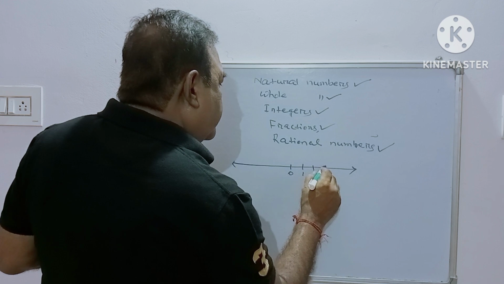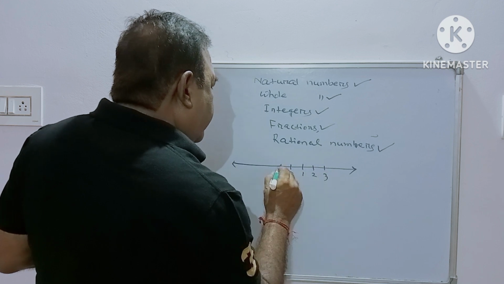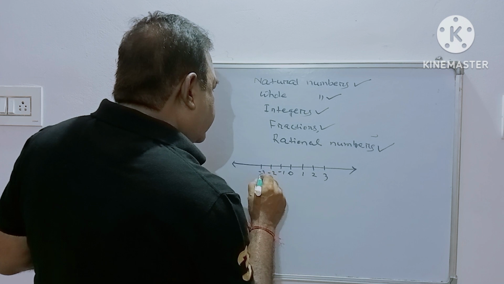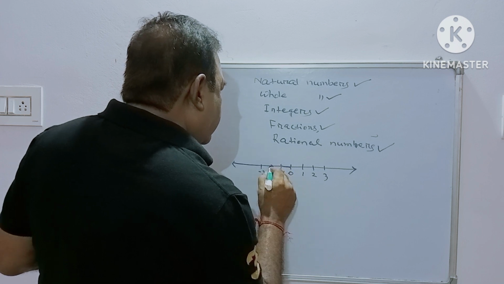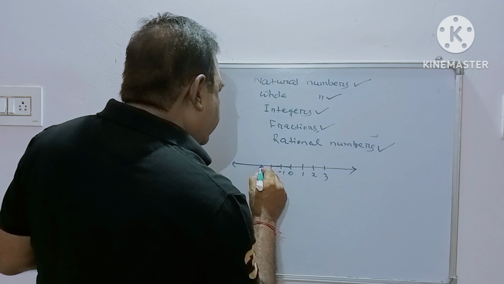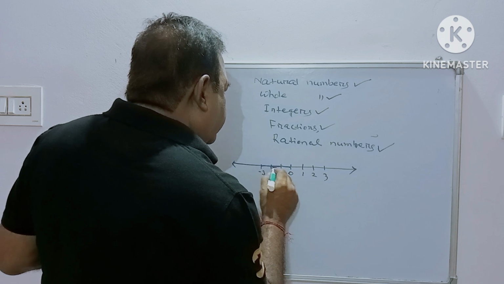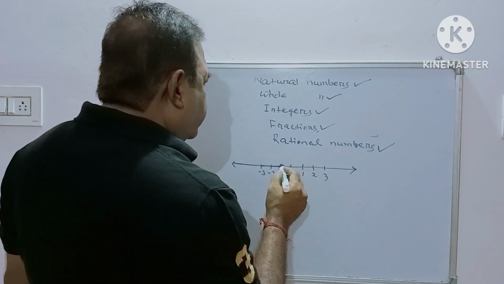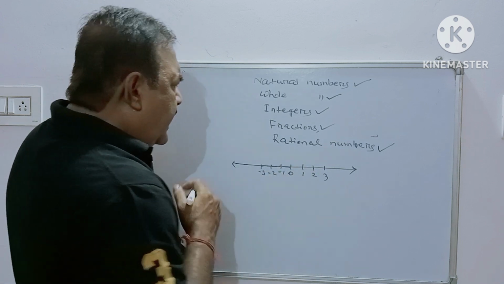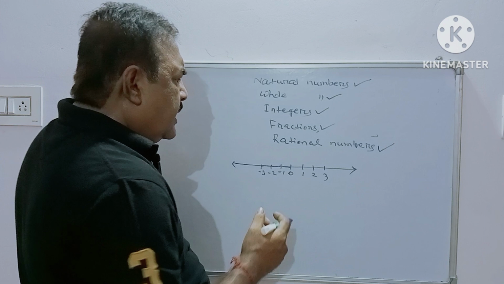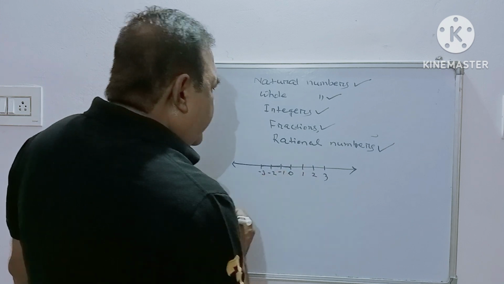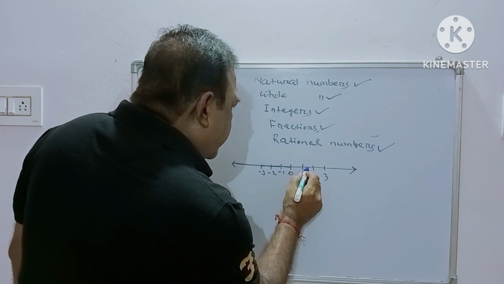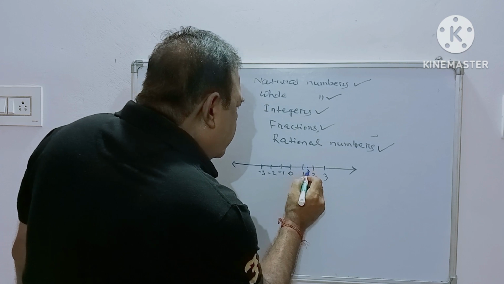The length of this distance is equal to this distance, these are the unit distances from 0 to 1, from 1 to 2, from 0 to -1, like this. 1 is a rational number, 2 is a rational number, and if I take a midpoint here, this is 3 upon 2. So we could show the natural numbers, whole numbers, integers, and also fractions, also rational numbers.